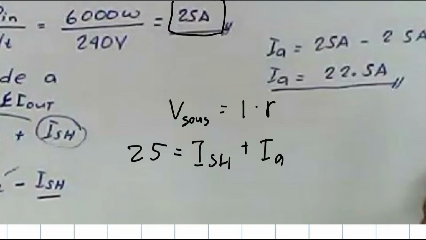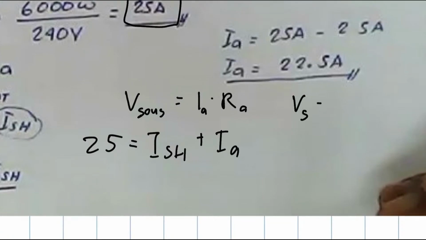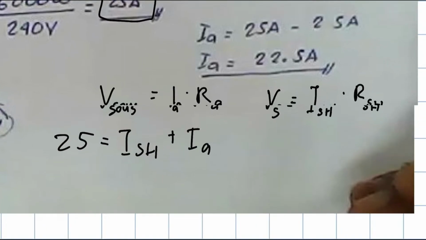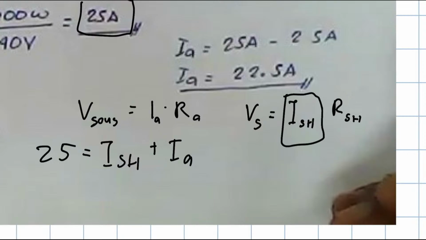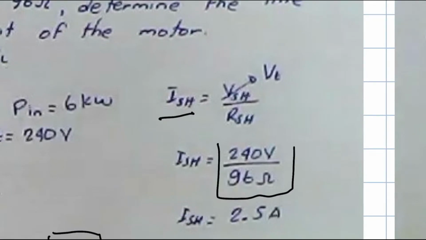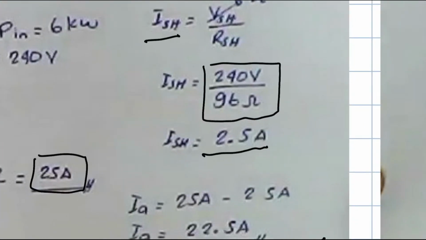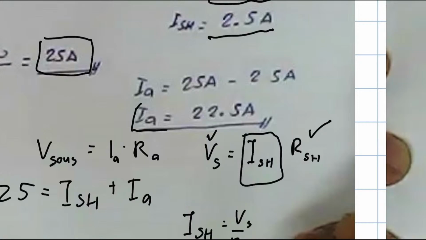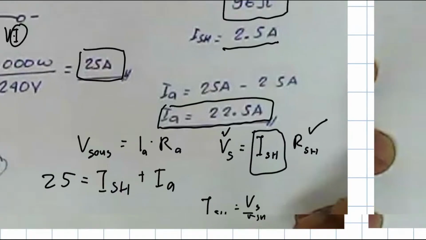So ni A, ni RA. V source sama juga dengan ISH darab RSH. So kita cari ISH. Kita dah tahu RSH, kita dah tahu V source. So ISH equals to V source over RSH. So tu yang dia buat ni. So dapatlah 2.5. Tolak dapat I armature equals to 22.5 ampere.